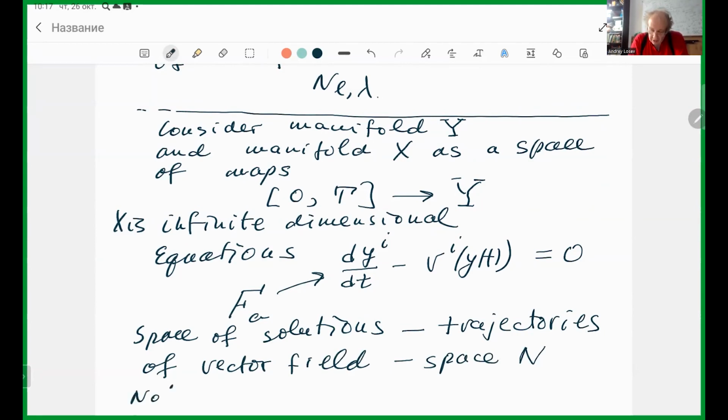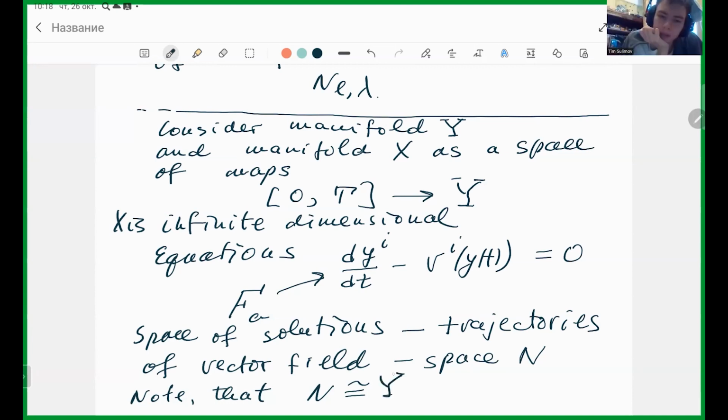Note that N is isomorphic to what? Tim, do you have an idea about what is isomorphic to the space of trajectories? Maybe Y factored by something?